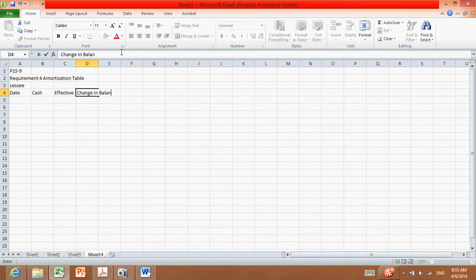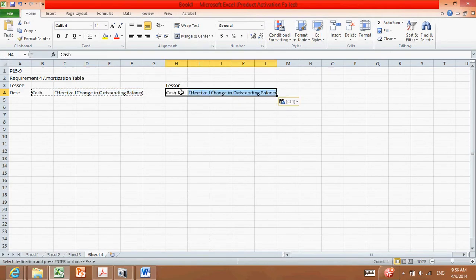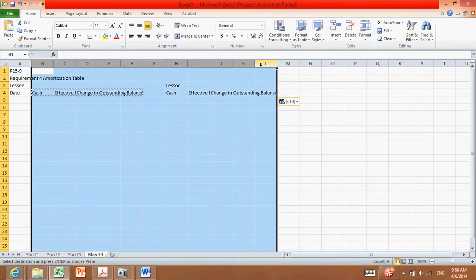Here I am setting up the table. This is lessee and lessor. They will also have these columns. Let me expand the columns.